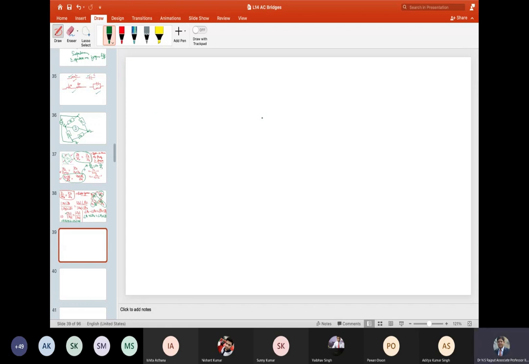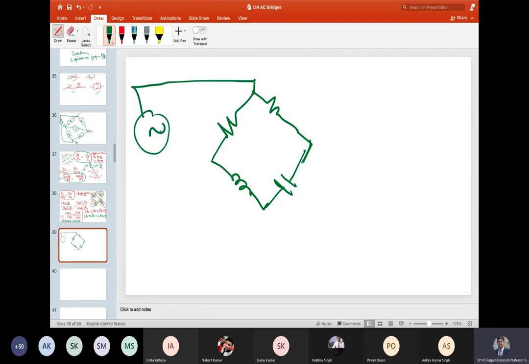So let me give you one example and tell me if this bridge will work or not. This is a bridge, right? Onwards, I will stop drawing this part and the detector because this is not required.